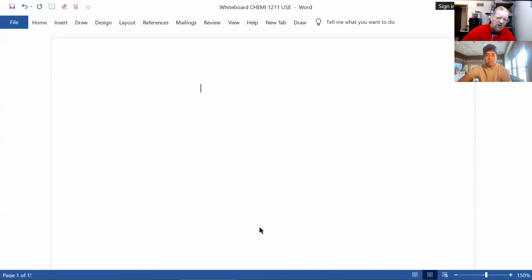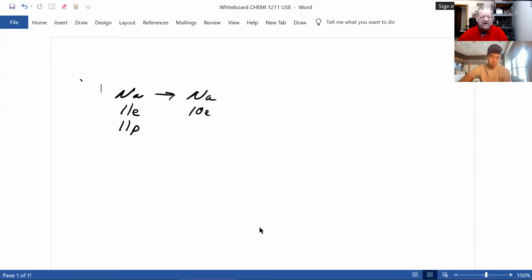To determine what ion sodium will form, it has 11 electrons, 11 protons. It will go to the ion where it has the same number of electrons as the nearest noble gas, 10, but it will still have 11 protons.